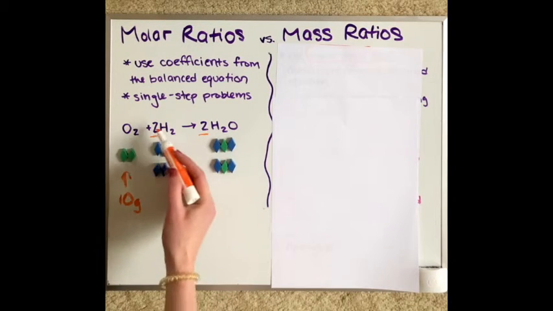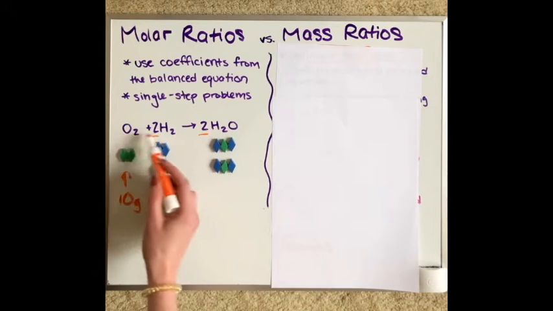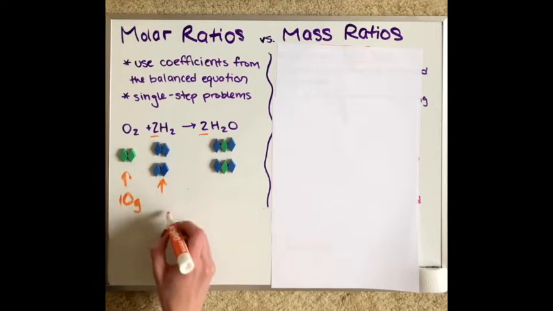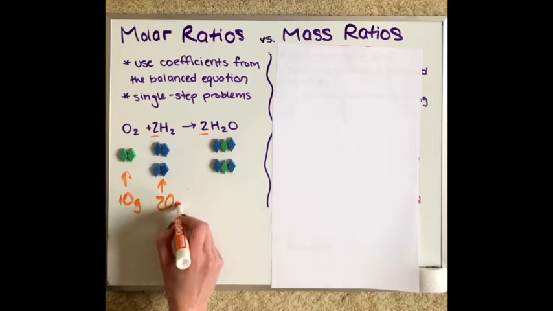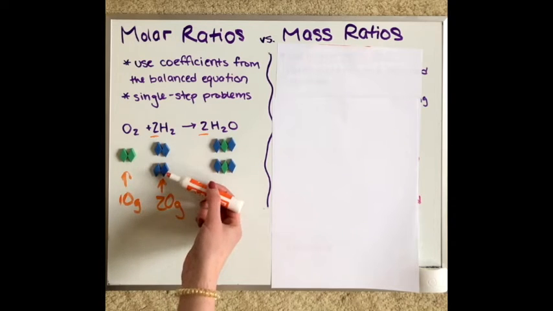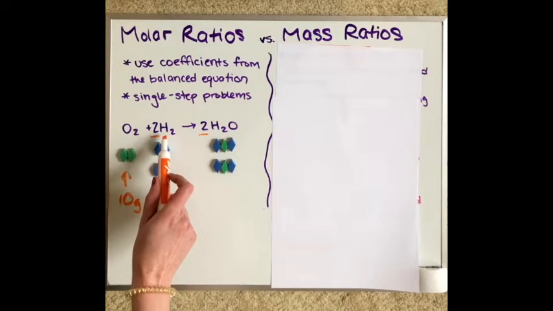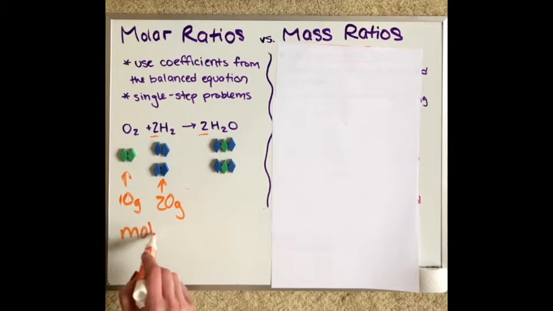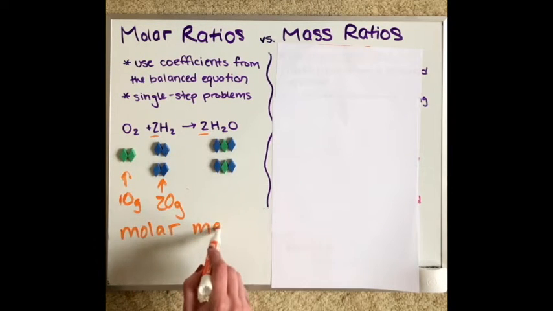You can't look at the ratio 1 to 2 and assume that means you'll need 20 grams of H2 to react. That's not true, because these 2 molecules have different molar masses.